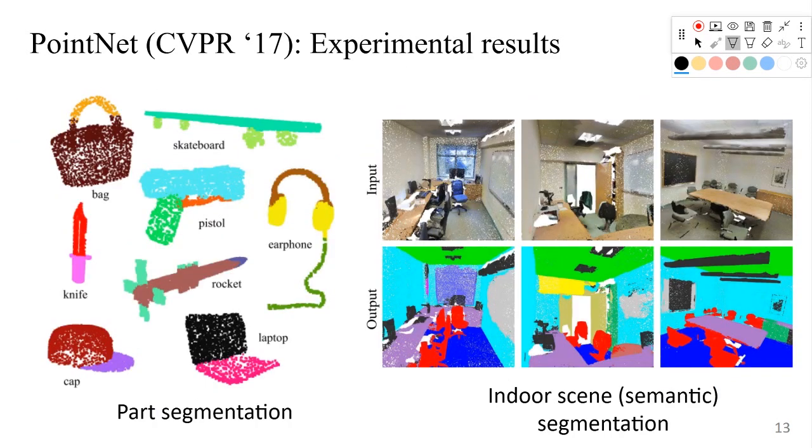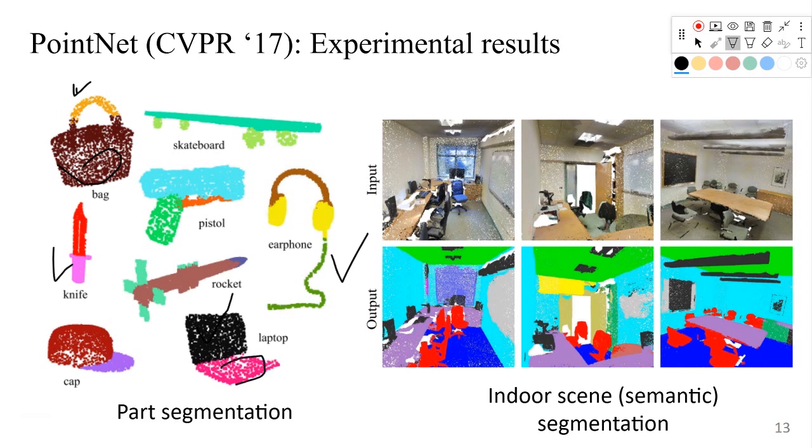And again, this is a pioneer, and I think as a pioneer of 3D understanding on point cloud data, these results are good. We can see the segmented handle of the bag and also the body of the bag, and for the laptop we have the screen here, and this is the corresponding keyboard part.